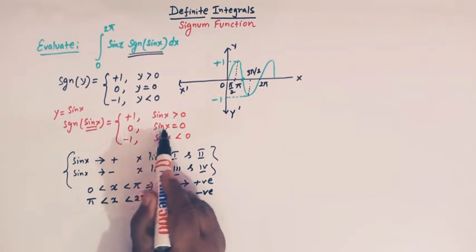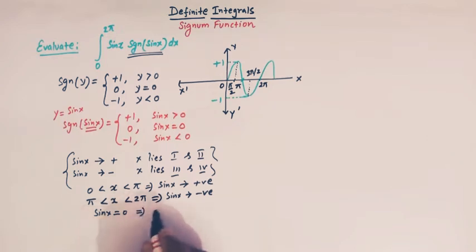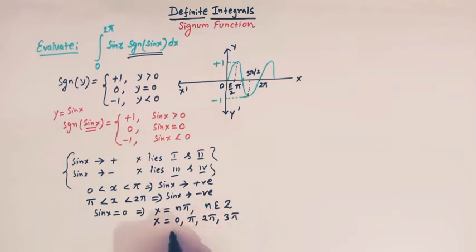Moreover, sine x is equal to 0 is a trigonometric equation, and it has the solution x is equal to n pi, where n belongs to the set of integers. So whenever x is 0, pi, 2 pi, 3 pi, and so on, or the negative integers, minus pi, minus 2 pi, minus 3 pi, and so on, the value of sine x is 0.